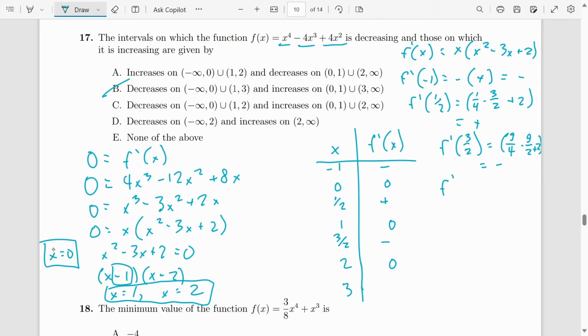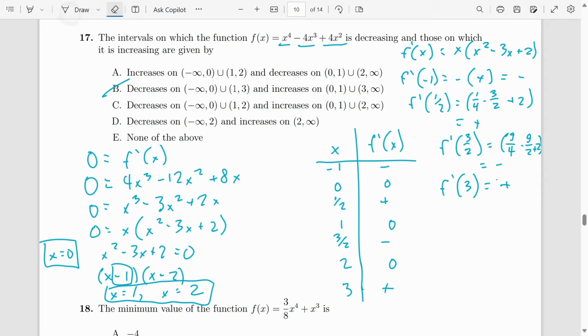And then finally, f prime of 3 is going to be 9 minus 9 plus 2, which is just positive 2. So this is positive. Great. This is just a very standard, easy-going graph where none of these critical points ended up being fake critical points, which is cool. Now we just have to determine each of these critical points, are they minimums or maximums.